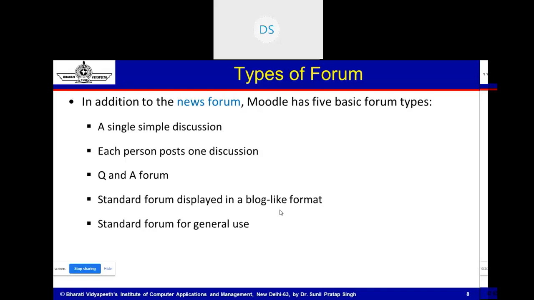By default, the Q&A forum requires students to post once before viewing the other students' postings. The standard forum is displayed in a blog-like format, and these are two forums of a similar type, but their display is different. So let's see how we can implement forum in Moodle.